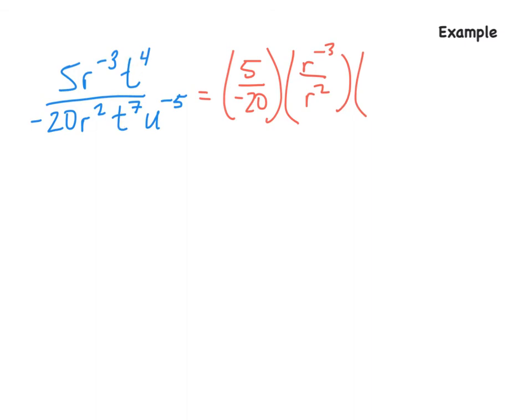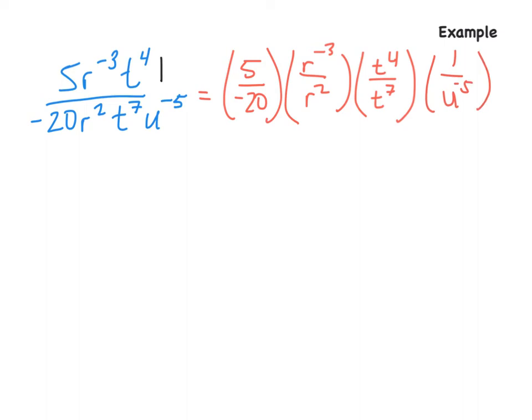Now I'll break up the t's: t to the fourth over t to the seventh. And then I just have the u, so I'm just going to put this 1 up here with the u. So that's going to be 1 over u to the negative fifth.